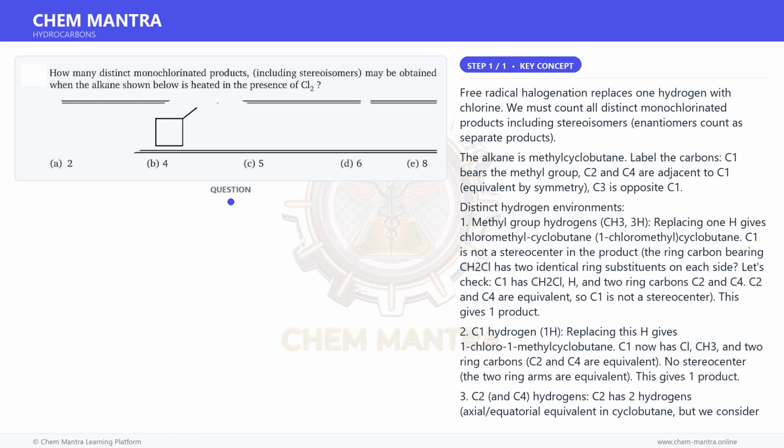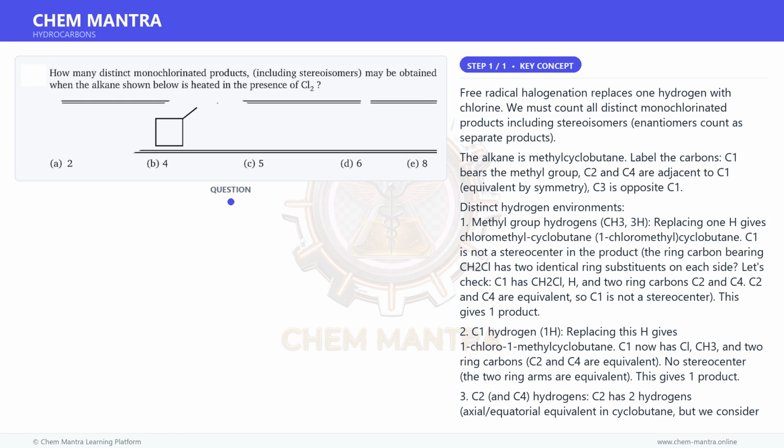That's 4 stereoisomers total for this position. But wait, C2 and C4 are equivalent by symmetry, so chlorination at C2 or C4 gives the same set of products. 4. C3 hydrogens. C3 has 2 hydrogens.